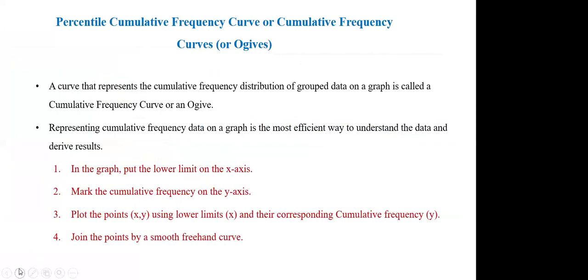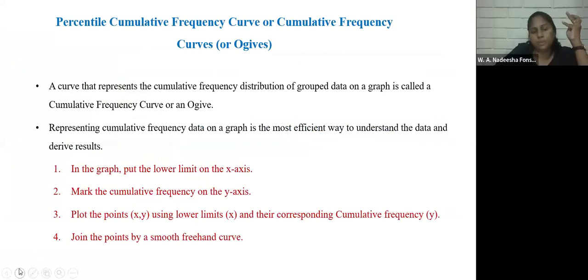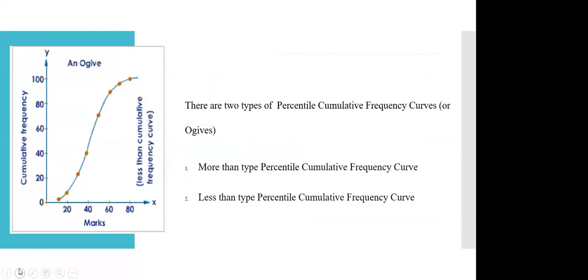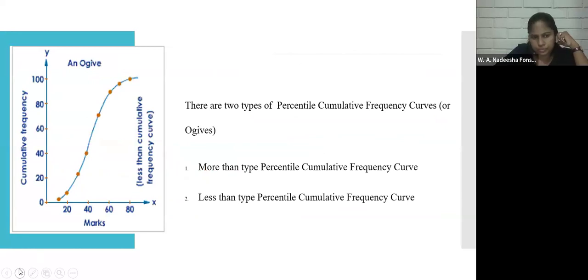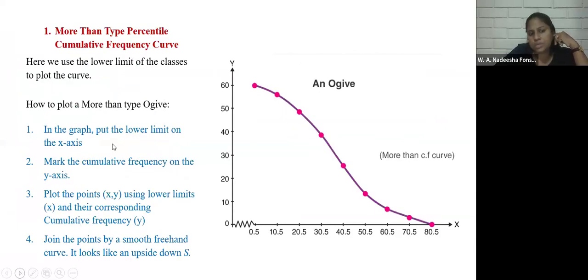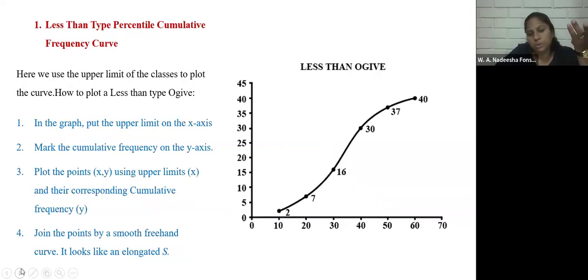Then we discussed OGIVE or percentile cumulative frequency curve. There are two types, more than type and less than type. For the more than type, we have to consider the lower class limit as the x-axis. For the less than type, we have to use the upper class limit.